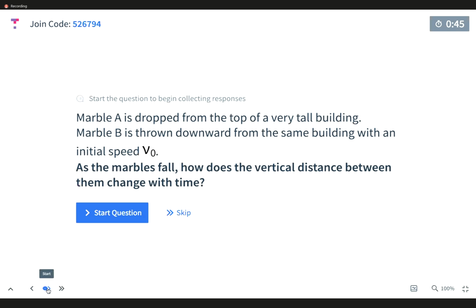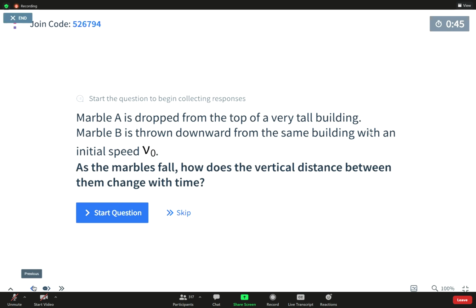So I'll do another in-class voting question where we have a situation. A marble is dropped from the top of a very tall building, and another marble is thrown downwards with some initial speed.